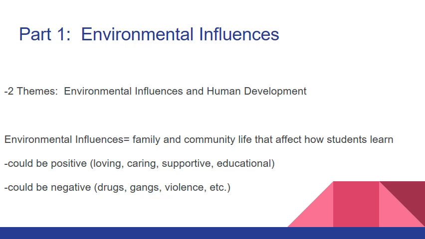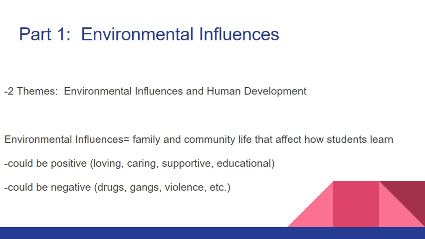As you probably know through your own experience as a K through 12 student, a person's family, community, and peers play a significant role in student learning. Family, community, and peers can be a positive influence, or they can also be a negative influence.